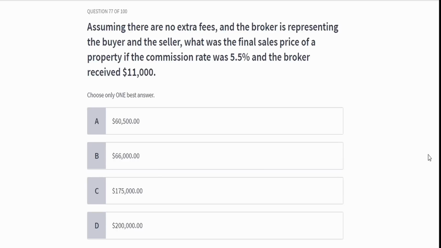So it's a math problem, so give it your best, and it's an important one. This is like the most likely math problem that you will see on the exam, definitely.